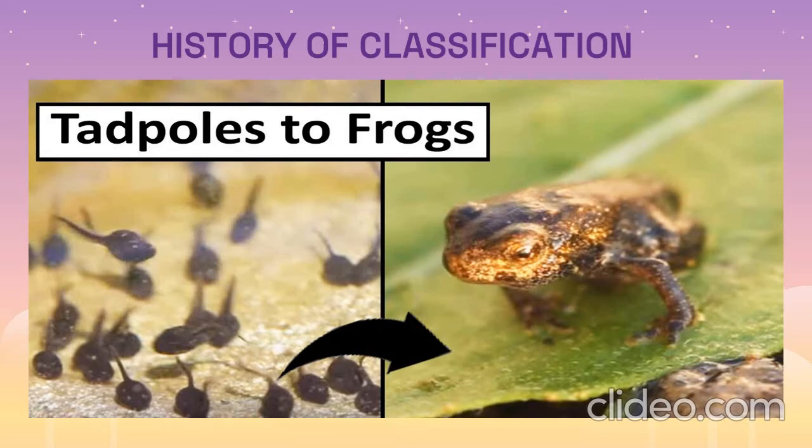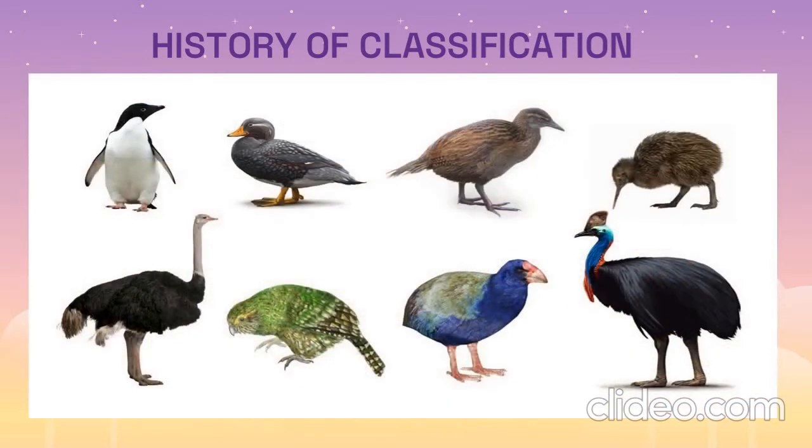And one more example we can see. Here I have displayed a few birds which cannot fly, for example penguin, ostrich, kiwi, etc. These birds cannot fly. We have already seen Aristotle's classification: he explained that organisms that could fly are aerial animals, and most birds that can fly are aerial animals whose mode of locomotion is flying.